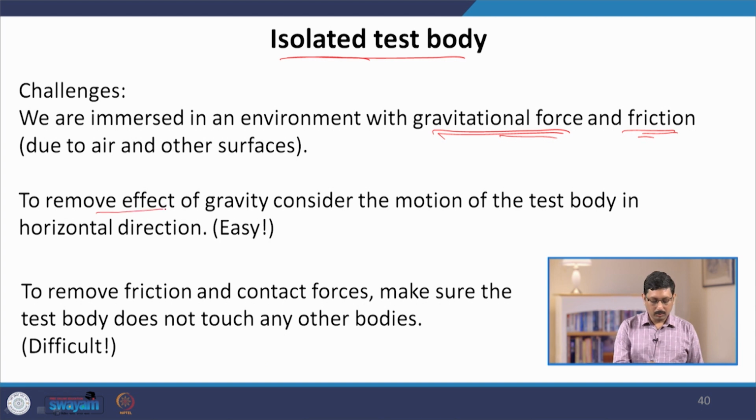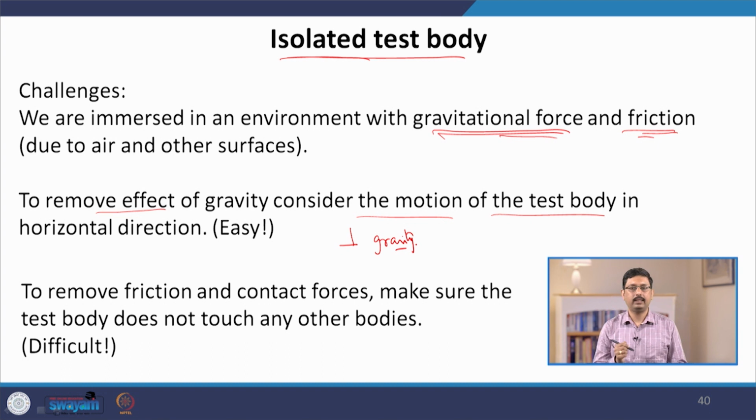All you need to do to remove the effect of gravity is to consider the motion of the test body in a direction which is perpendicular to gravity. As you know, gravity sets the vertical direction, because it is towards the center of the earth, and this is the direction we usually call the vertical direction.